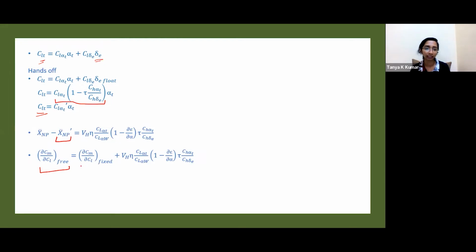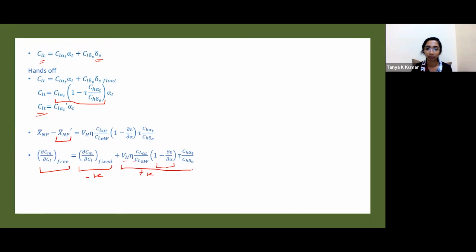Now what we can see here is this DCM by DCL fixed for a stable aircraft is negative. Now what about this term? CH alpha tail is negative, CH delta E is negative, tau is positive, this entire thing is less than 1 but greater than 0. CL alpha tail is positive, CL alpha wing is positive. These two are again positive. So the entire term is positive.